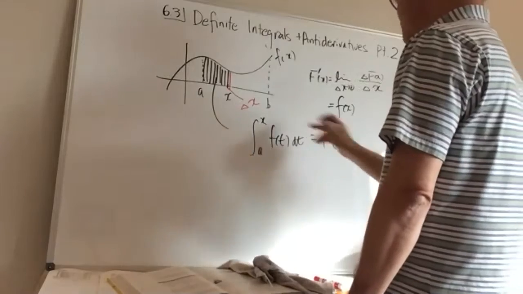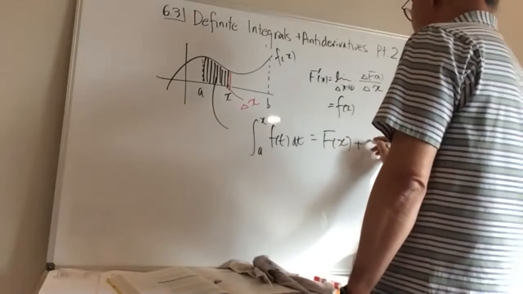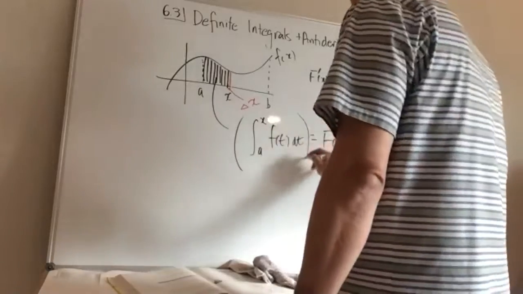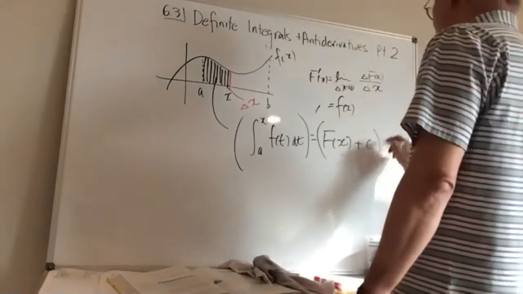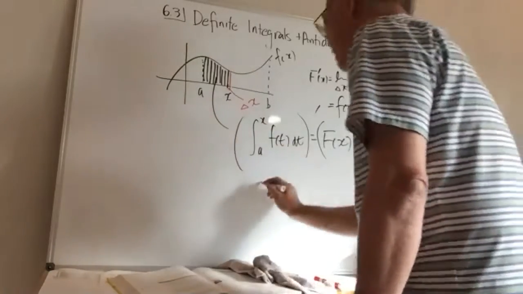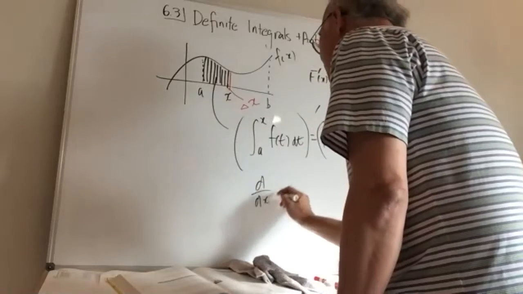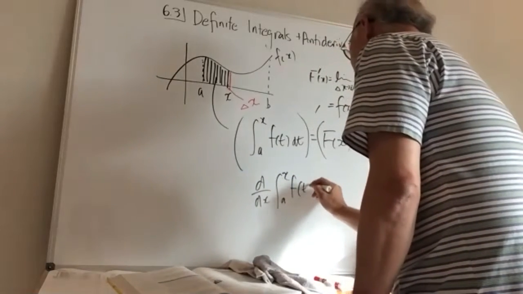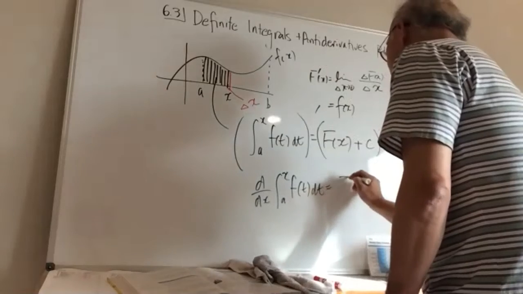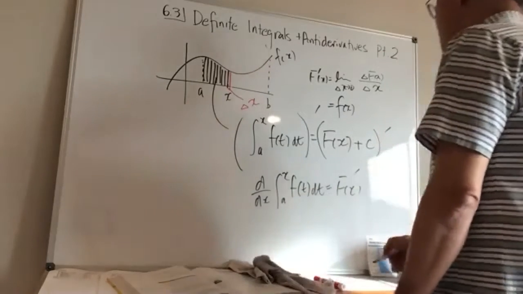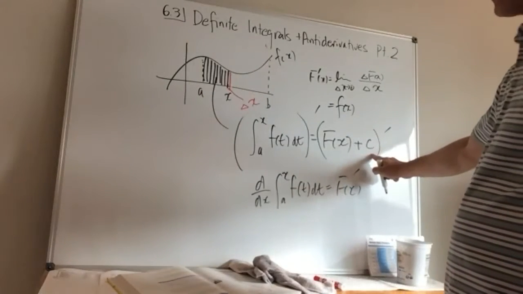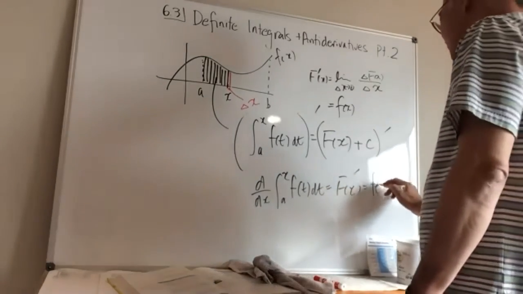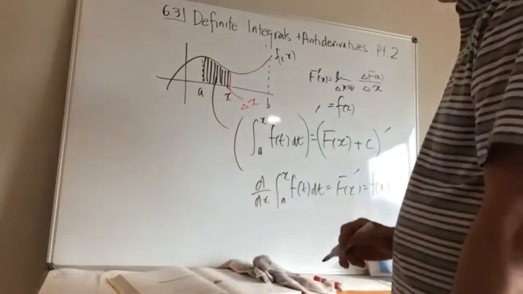This is the same as F(x) plus C. If I take the derivative of this and the derivative of this, I'm going to get d/dx of the integral from a to x of f(t) dt equals F prime of x plus the derivative of C, and the C goes away because it's a constant, right? Which is the same as f of x.